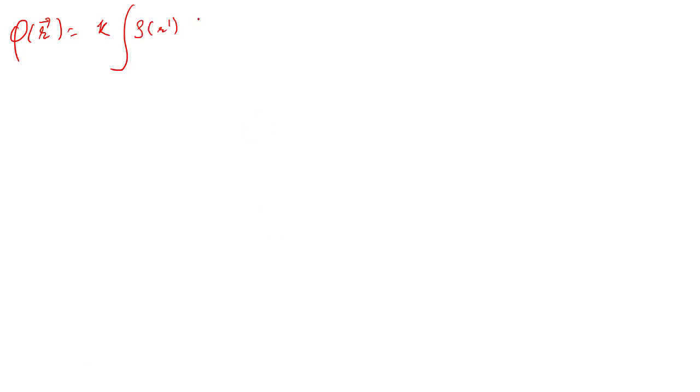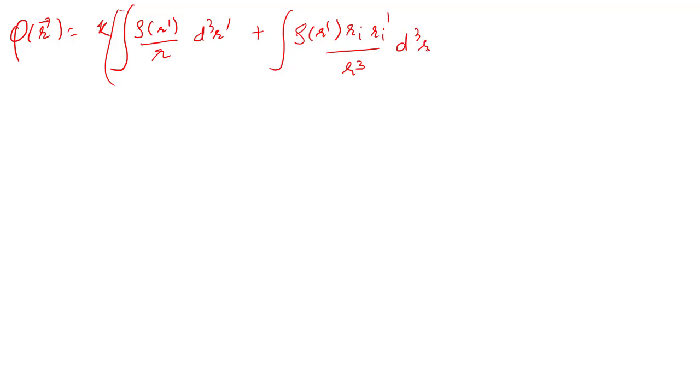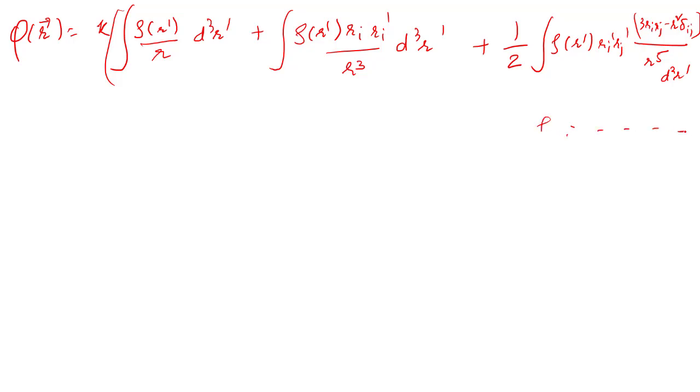The first term is 1 over r, so d cube r prime, plus the second term, rho of r prime ri prime by r cube d cube r prime, plus the third term, half rho of r prime ri prime rj prime times 3 ri rj minus r squared delta ij divided by r to the power 5 d cube r prime, and so on and so forth.